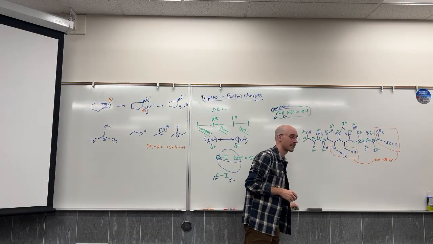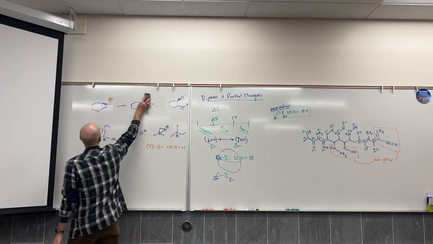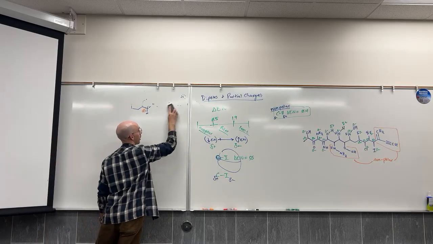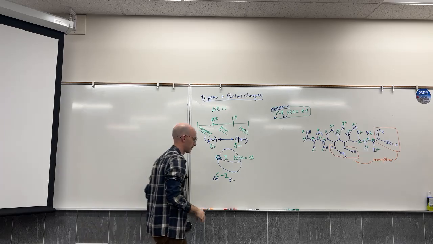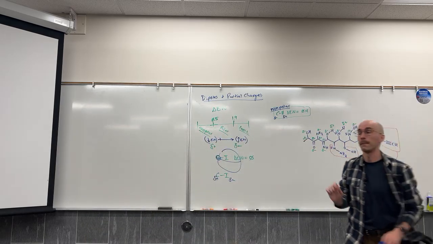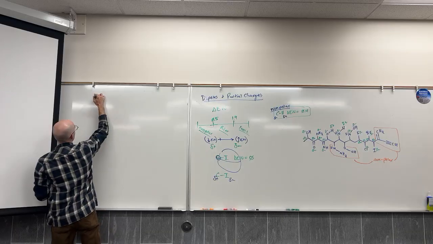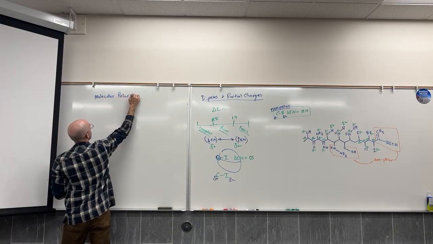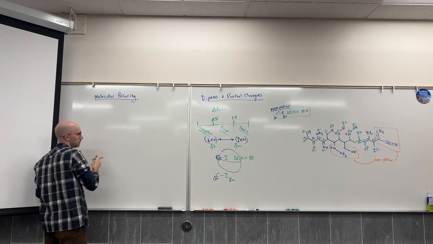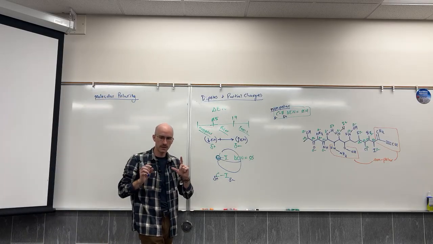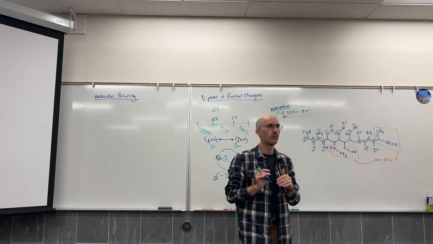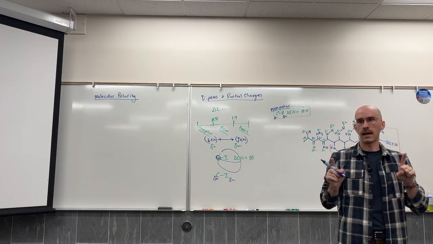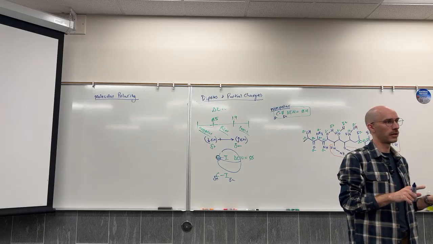But how does that translate to the molecule at large? When we talk about bond polarity, we are not talking about molecular polarity. So I want to talk about molecular polarity just briefly. There's a rectangles and squares relationship between polar molecules and polar bonds.